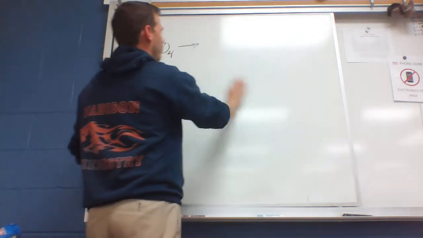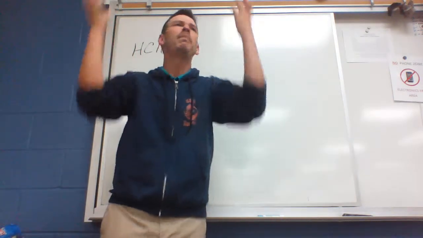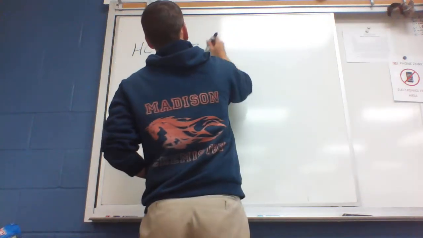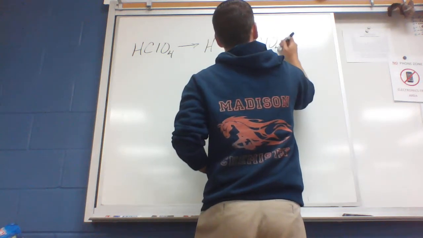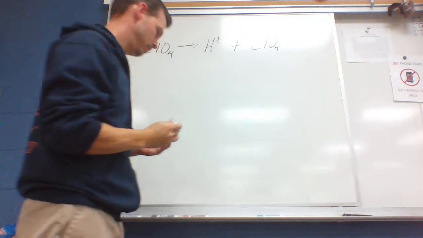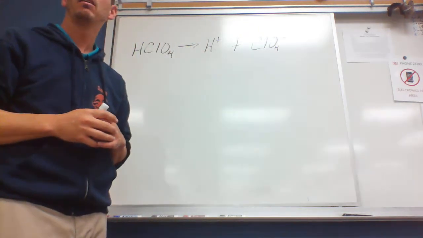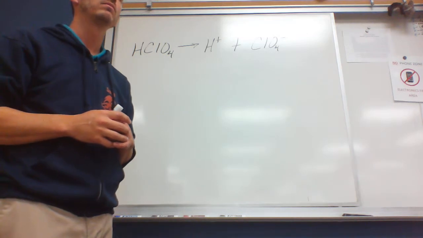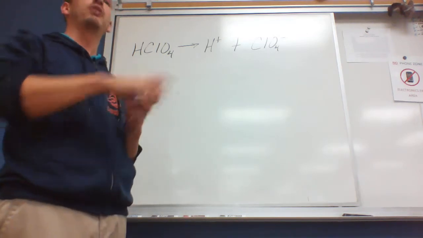Anyways, so it's going to completely dissociate. This is easy. You're just going to break it apart into its ions. We've got H plus and we've got ClO4 minus. It is now dissociated. You don't have to put an H2, not during dissociation. That's a great question.